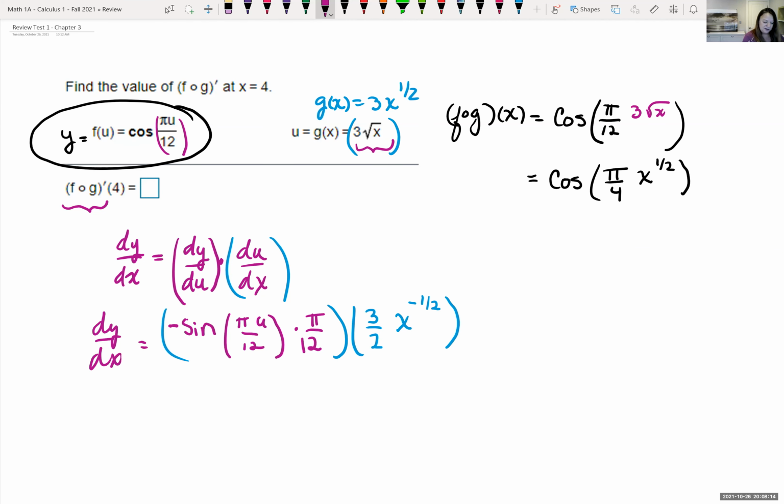Here we need to clean it up. We want this just in terms of x, and so wherever we see this u in here, we can replace it with 3 square roots of x.